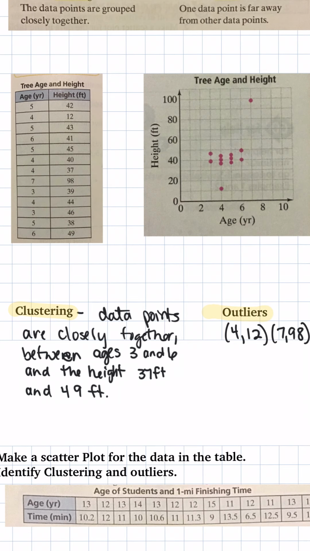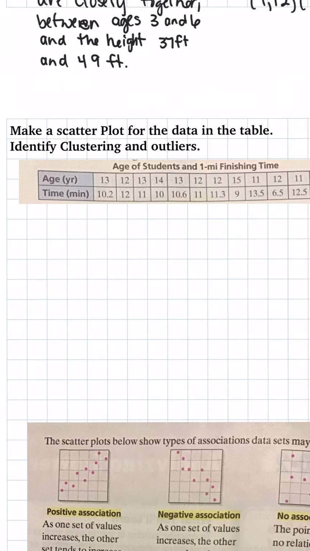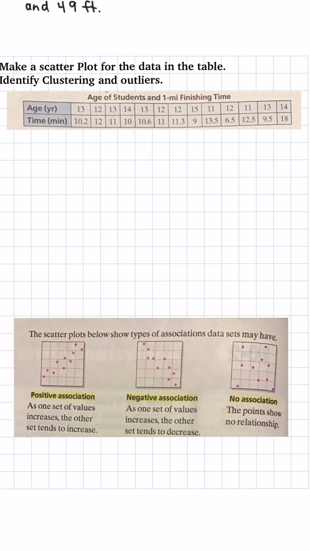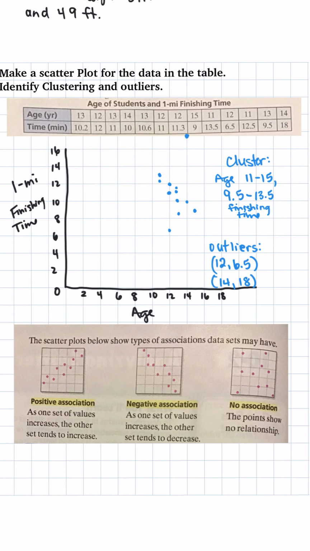Okay. So what we would like now is for you to make a scatter plot for the data in the table, identify clustering and outliers. I'll give you a minute, try to come up with your scatter plot, and then see if it looks like mine. Okay, so you should have got a cluster right here.